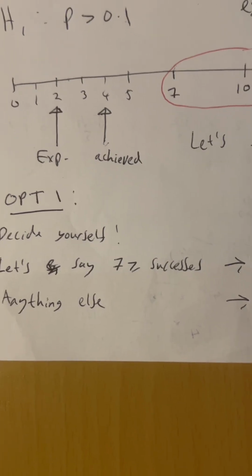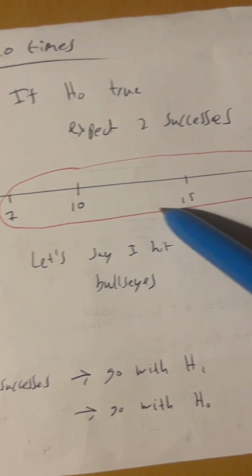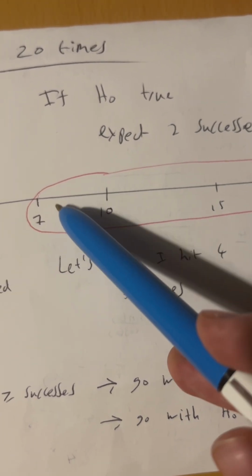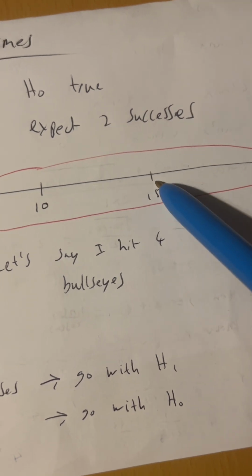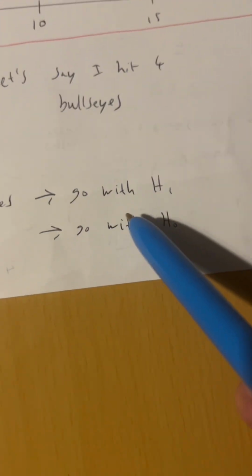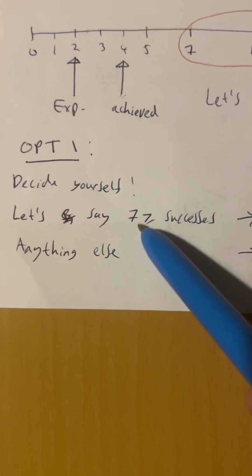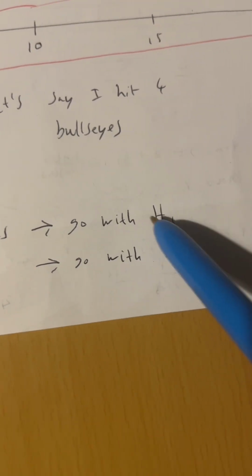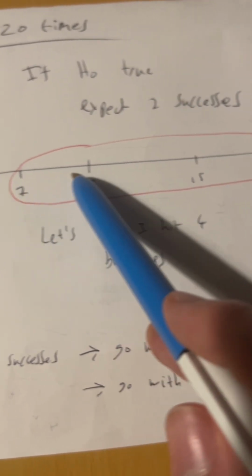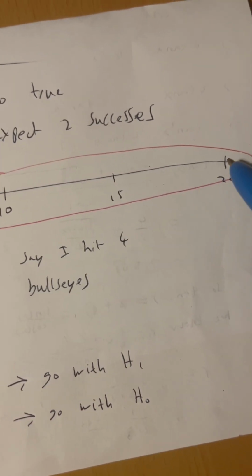Now, if we're going to be technical, what I've actually just done here is I've created something called a critical region, okay? So a critical region is a set of numbers in which we would go and reject H0, right? So we go with H1, right, if we get 7 or more successes. So in other words, we reject this one here, right?